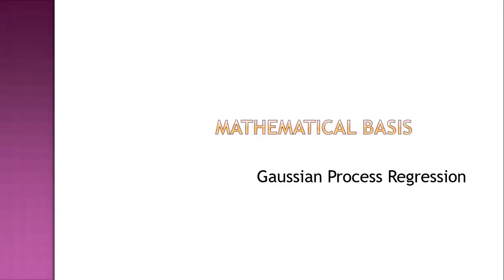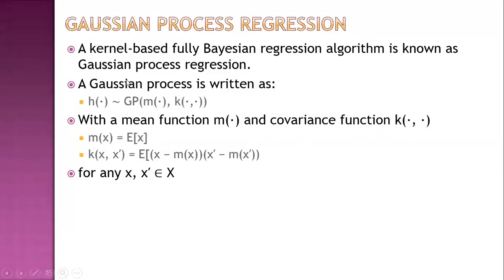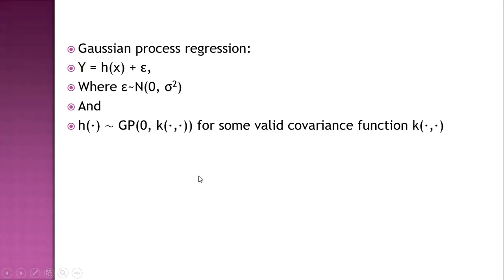Now let us see about Gaussian process regression. So a kernel-based fully Bayesian regression algorithm is known as Gaussian process regression. A Gaussian process is written as this term with this mean and this variance. This is actually covariance. So with a mean function this and a covariance function this for any data points.